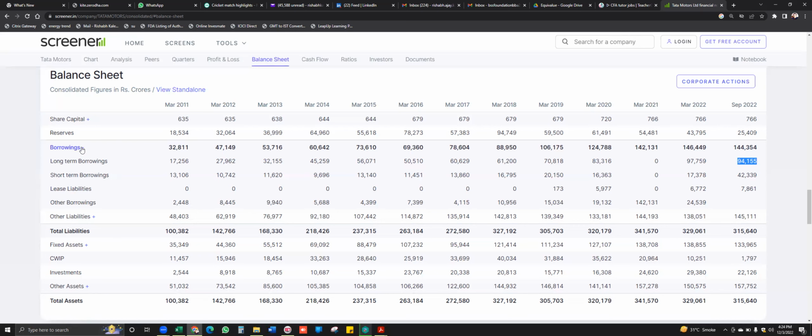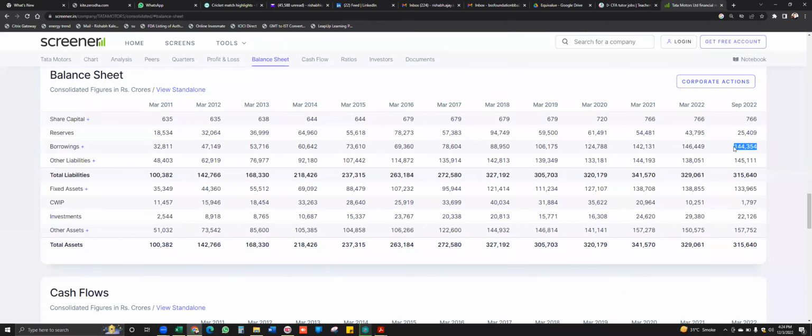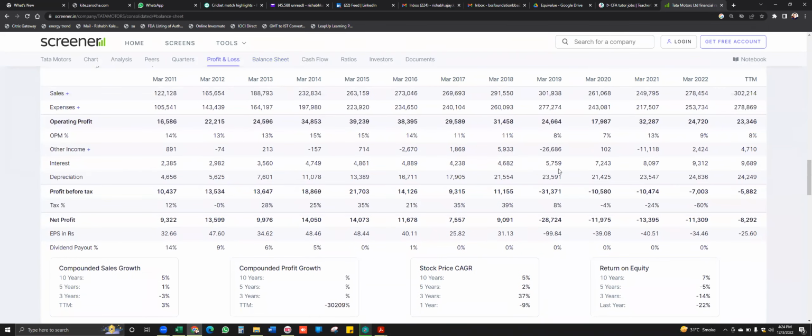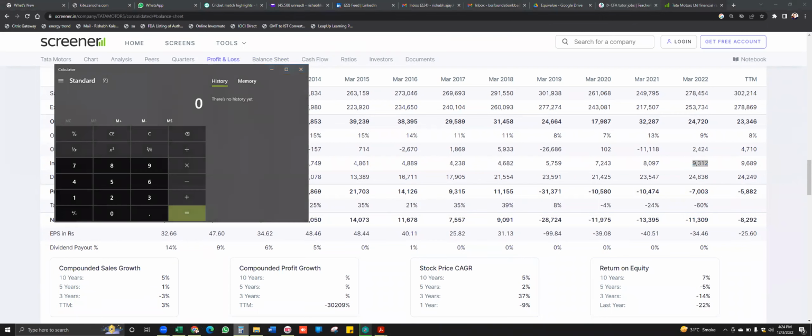The total borrowing, you have it over here, as it is they have given. Total borrowing is 144. Now where will you find interest expense? In the P&L, you have an interest expense. It is around 9312. 9312 is your interest expense, and the debt was 144,354.